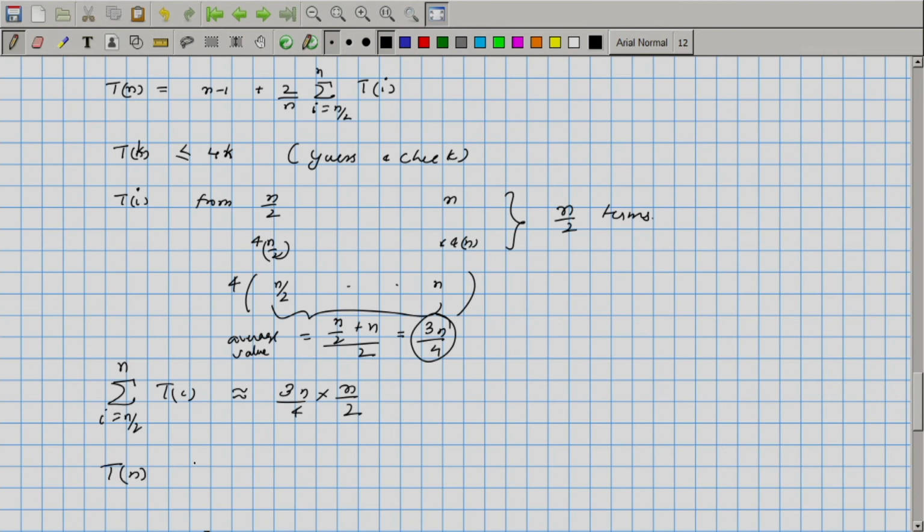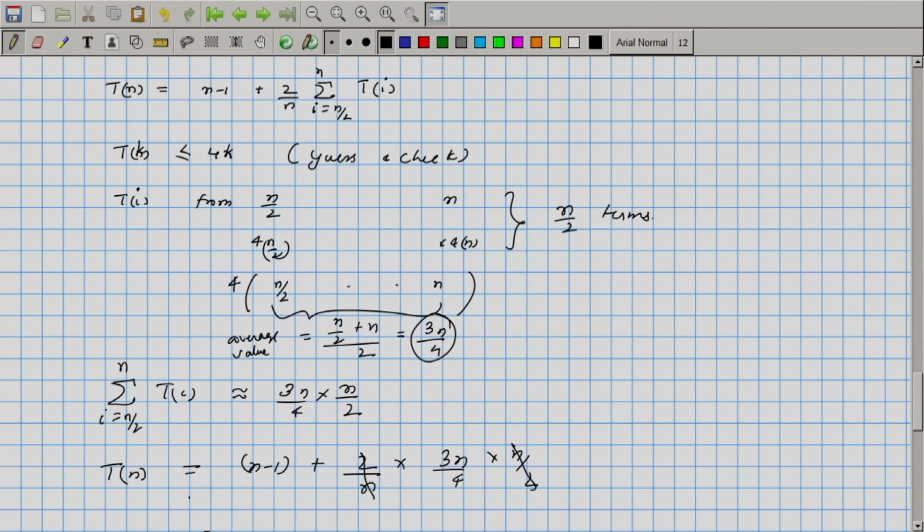So, this tells us that T(n) is equal to n minus 1 plus 2 by n into 3n by 4 into n by 2. Okay, so this cancels.